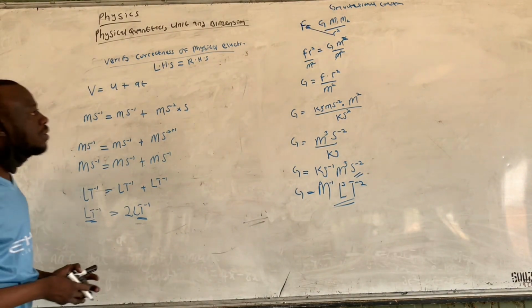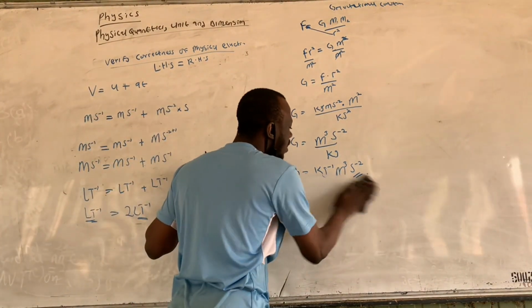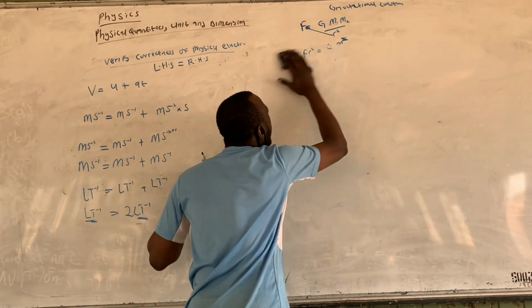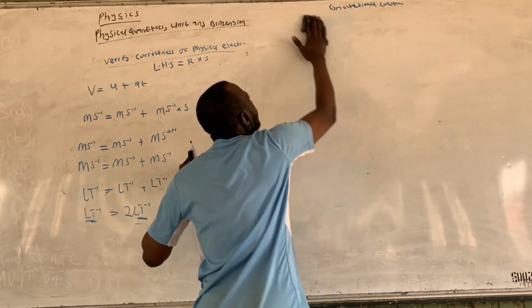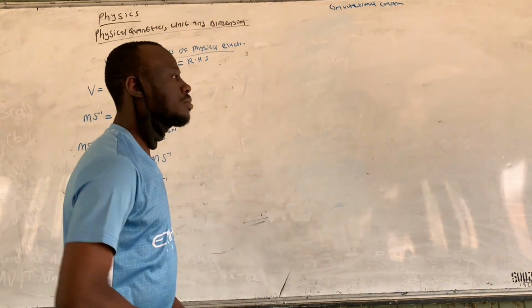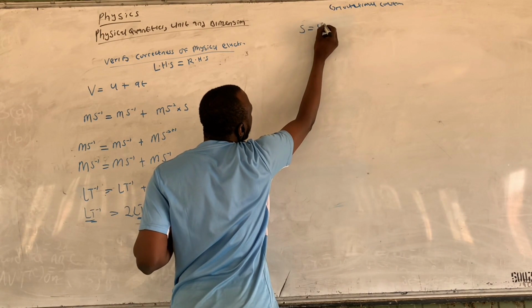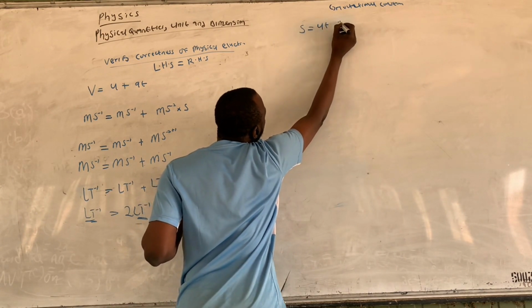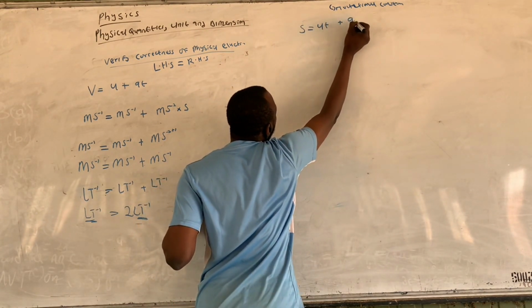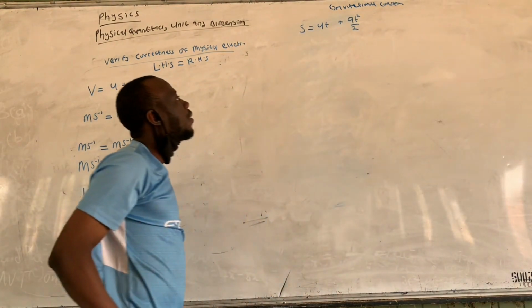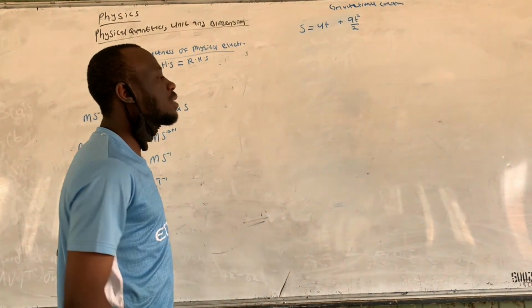So now, let me look into another example. We said s equals ut plus at squared all over 2. Let us see whether it is correct or not.